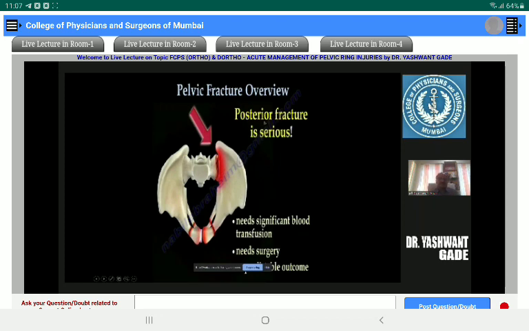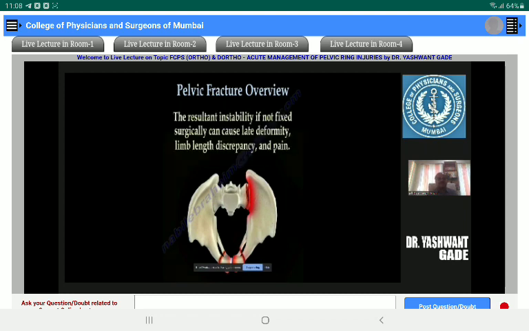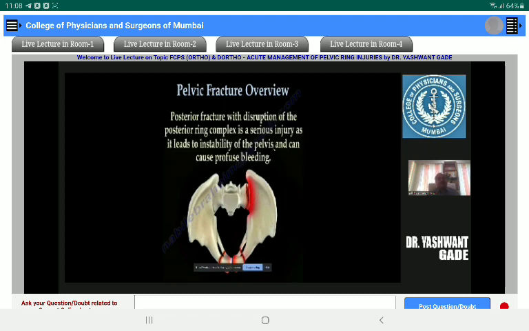So the posterior fracture is always serious as compared to the anterior fracture, and if it is associated with posterior injury, it needs significant blood transfusion, which I will be elaborating later, and it also requires surgery. The posterior fracture with disruption of the posterior ring complex is a serious injury, as it leads to instability of the pelvis and can cause profuse bleeding.